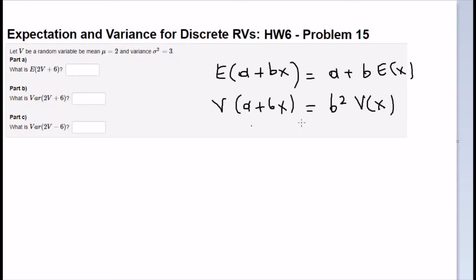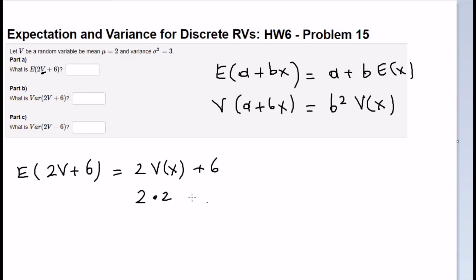So the constant here is ignored. So here the expectation of 2v plus 6, where v is the variable, not the variance, is equal to 2 times the expectation of v plus 6. So it's going to be 2 times mu, which is given as 2, plus 6. 2 times 2 plus 6, 10.